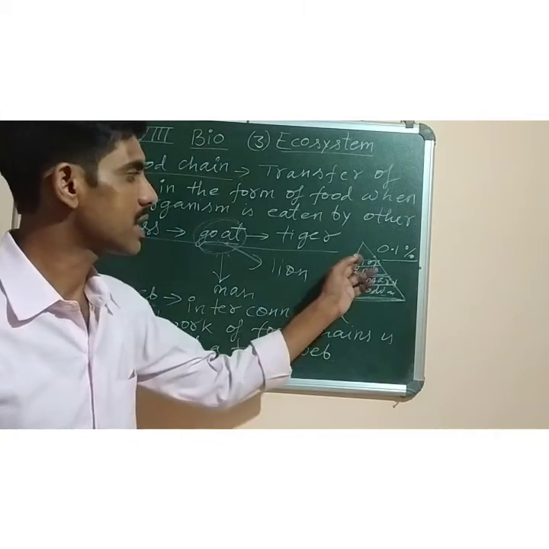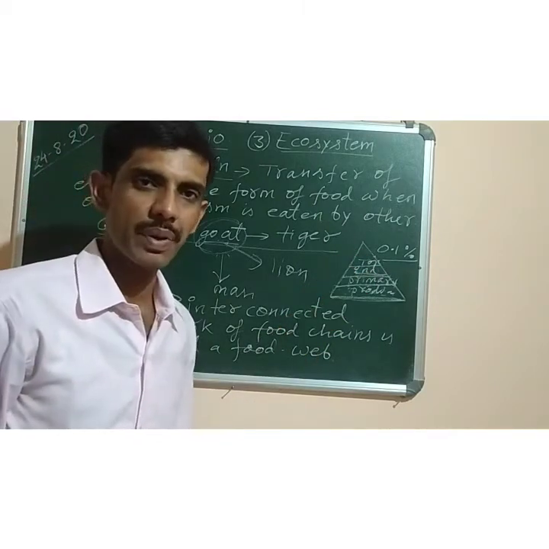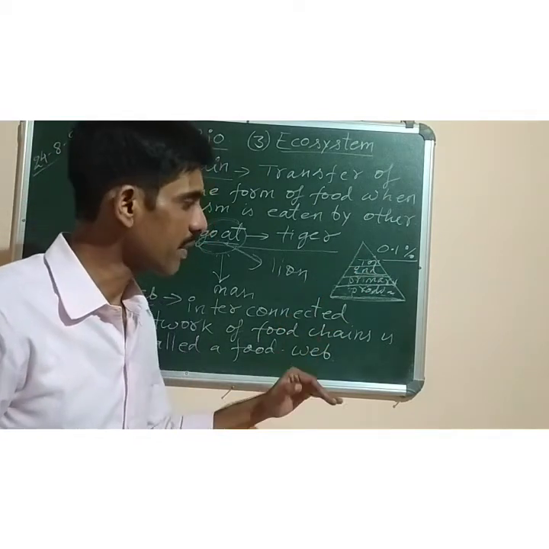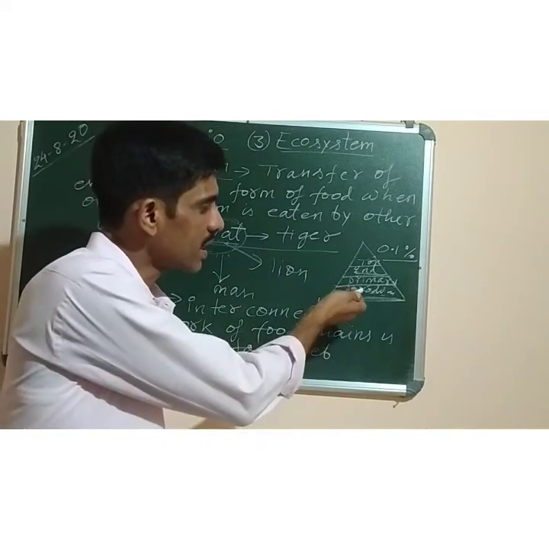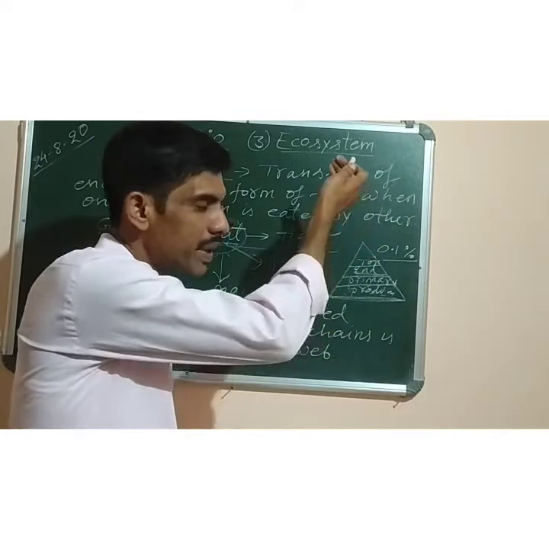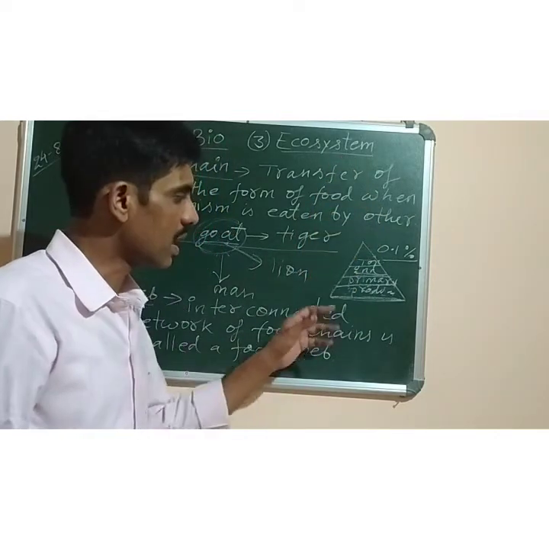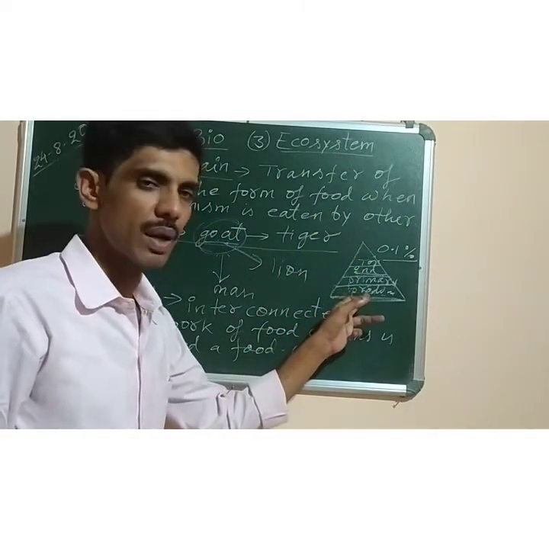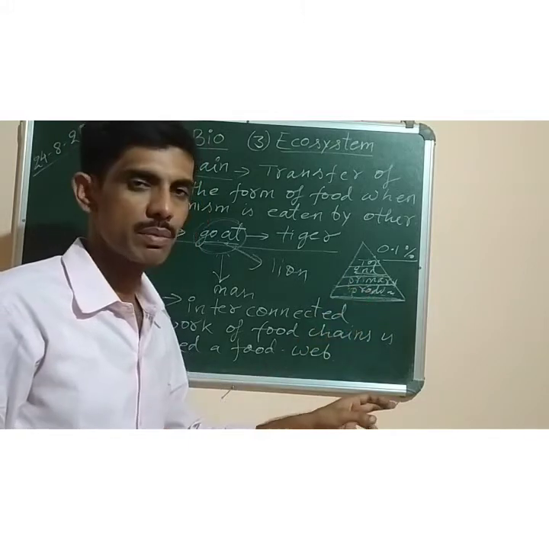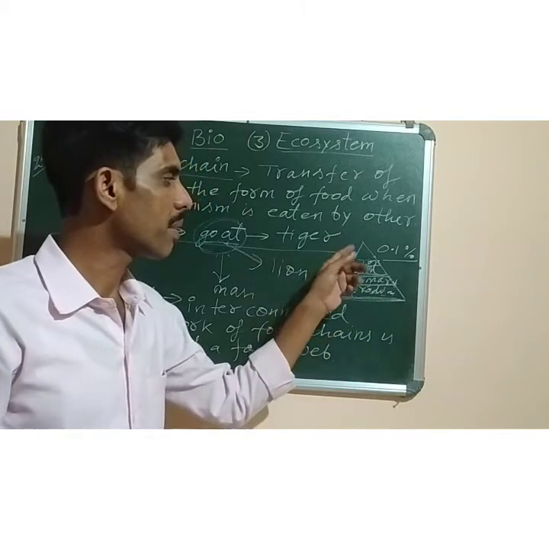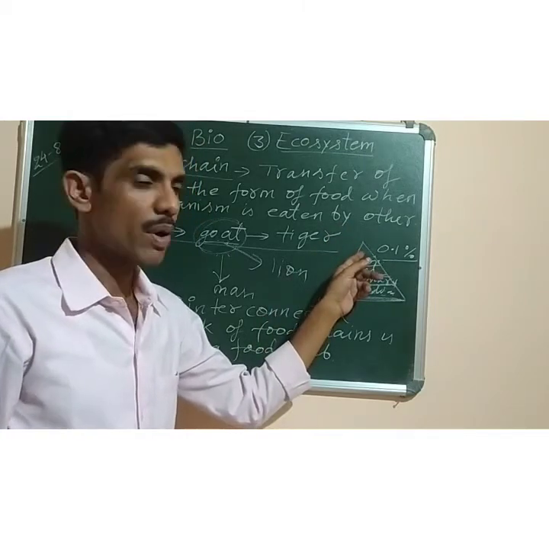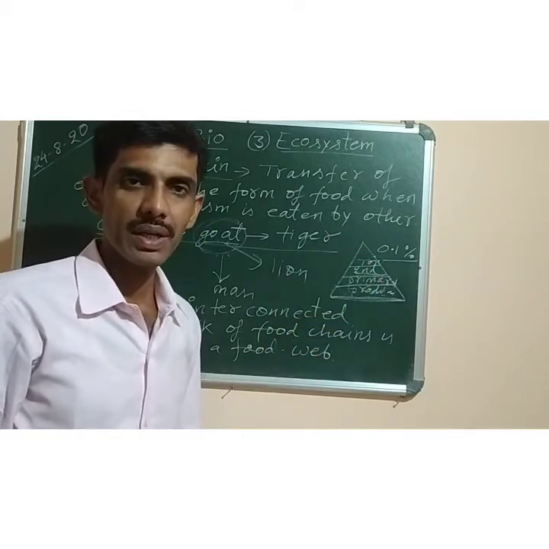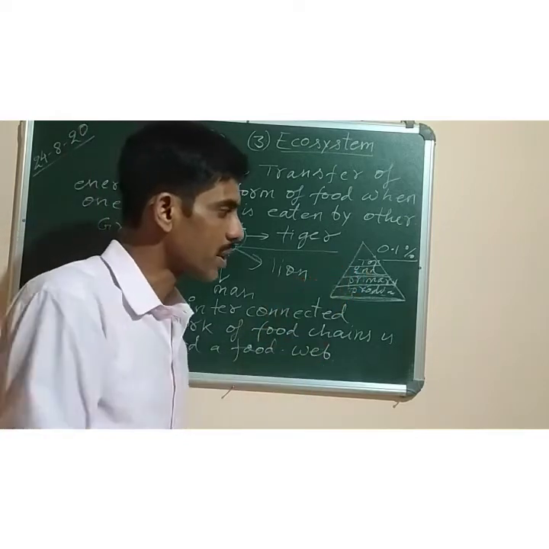So the number of individuals keeps on decreasing as we go higher up in the pyramid. The number of individuals at the producer level, the lowest level, is the maximum, whereas the number of living organisms at the apex of the pyramid is the least, that is 0.1%.